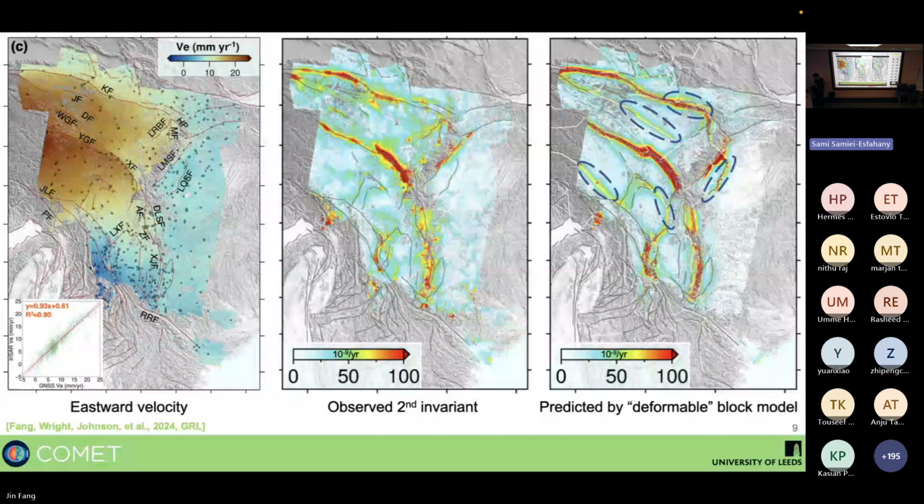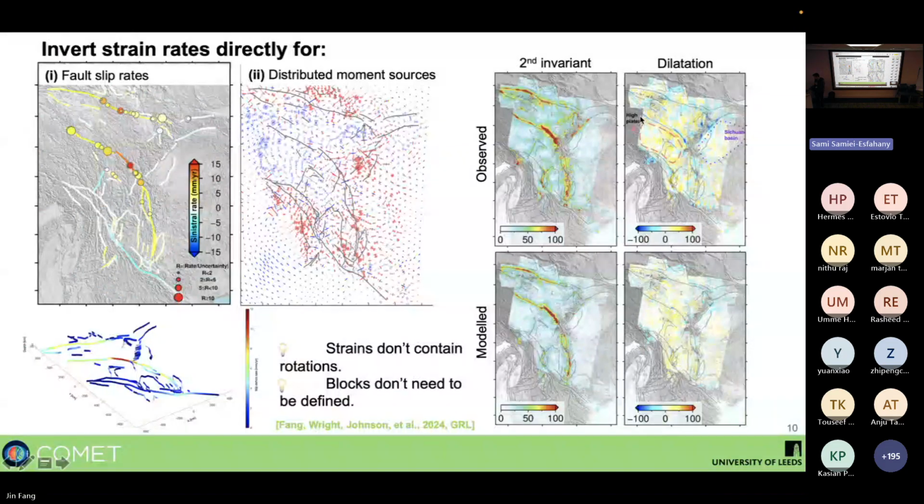If we look at the best-fit strain predicted by a block model, it doesn't really match what we see in the observations. Some boundaries predict strain where none is observed. An alternative way is to directly invert strain rates for slip rates.